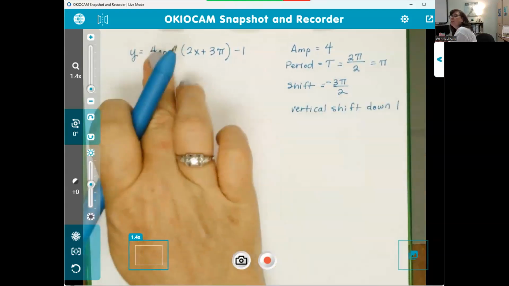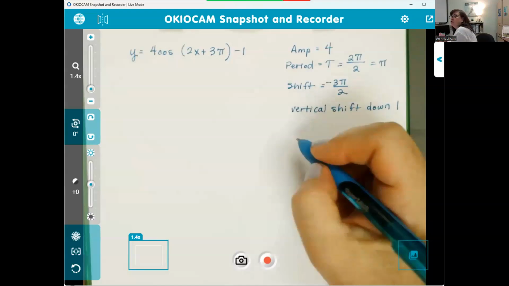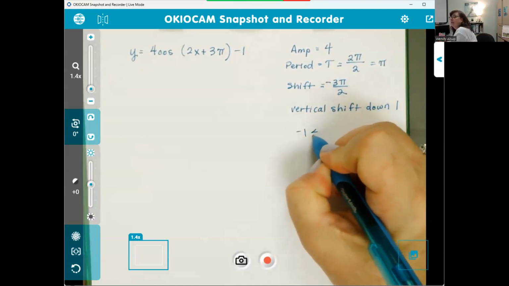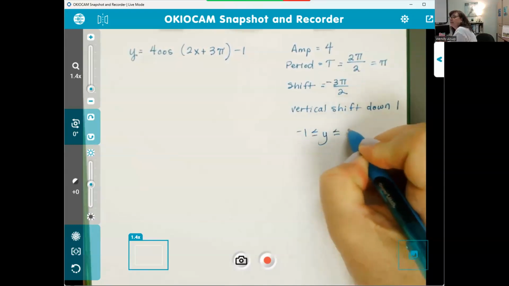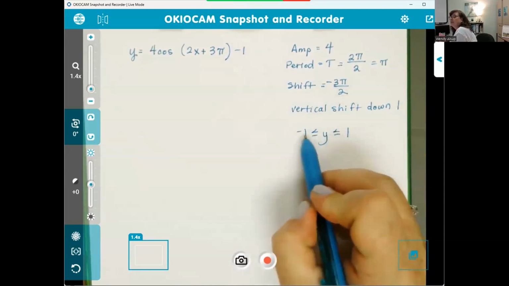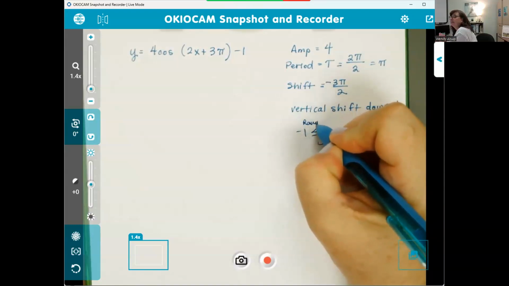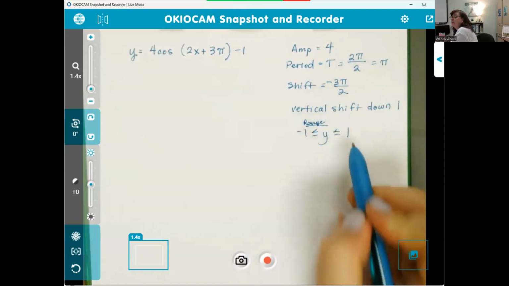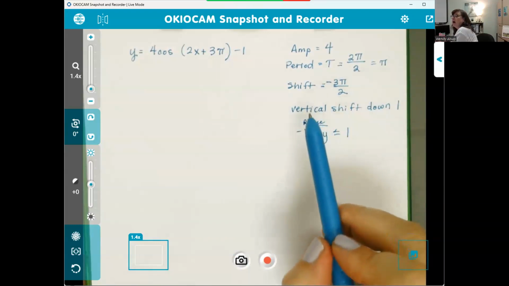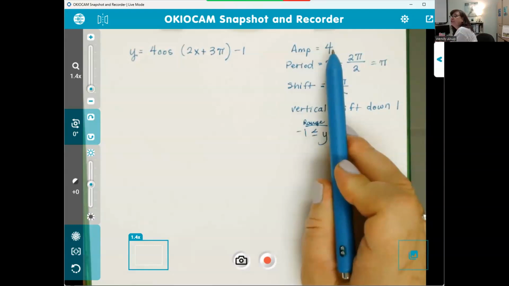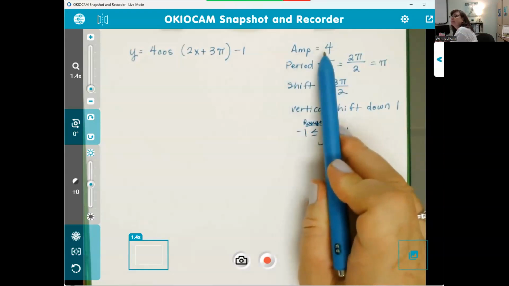All right, and now we have a vertical shift down 1. Normally the range of your cosine would be -1 less than or equal to y, less than or equal to 1. Talking about the range, the y values, it normally goes from -1 to 1. But we are stretching ours by an amplitude of 4.